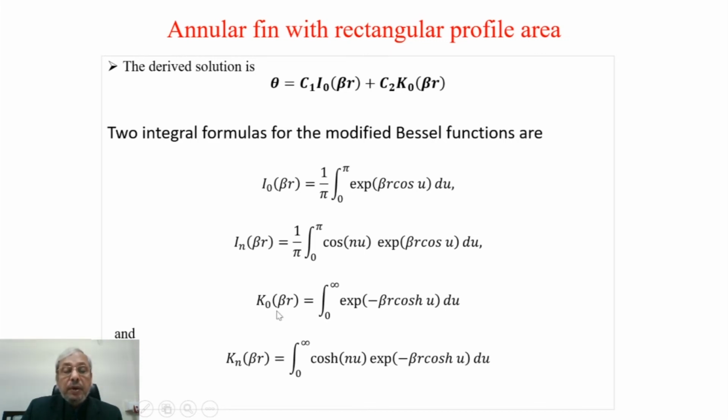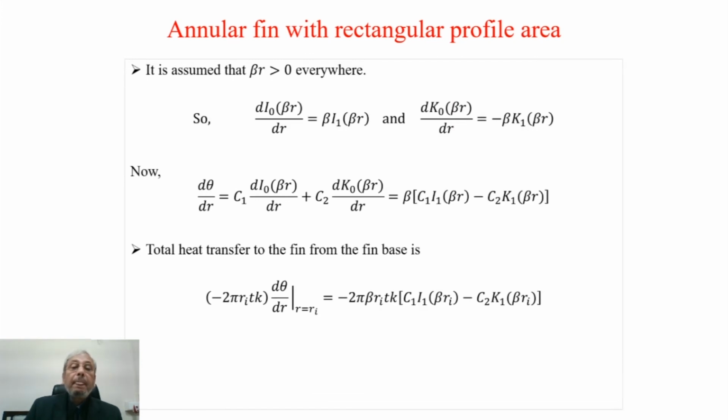And for n equal to 0, we get the expression for K naught. K naught and I naught can also be represented by these two integral formulae. And we are assuming beta r is greater than 0 everywhere, which is true.